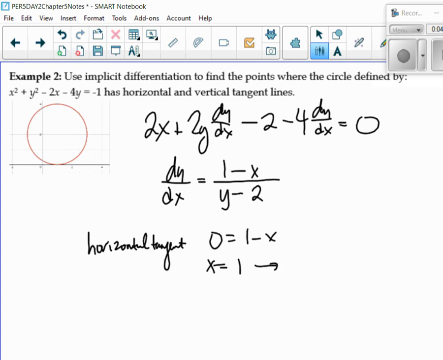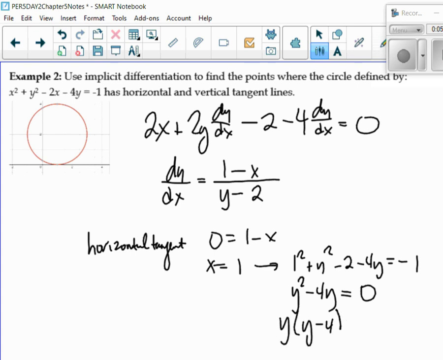So I get 1 squared plus y squared minus 2 minus 4y equals -1. So I get y squared minus 4y. 1 minus 2 is negative 1. Plus 1 is 0. So that we get that, yes? And then we get y minus 4 equals 0. So y equals 0 and 4.